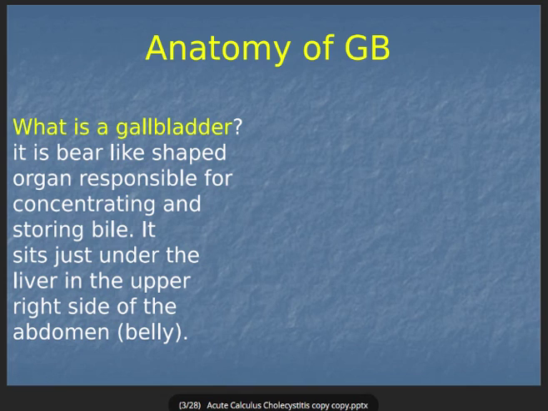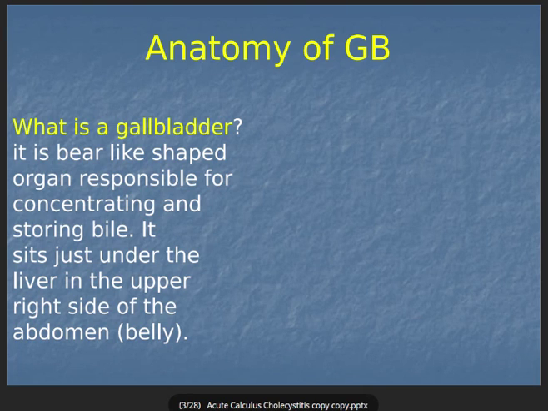This is what gives the stool its brown color, and this is why in obstructive jaundice you have pale stool: there is no bile mixing with the stool, as the bile salts give it this color. This is the whole enterohepatic circulation.